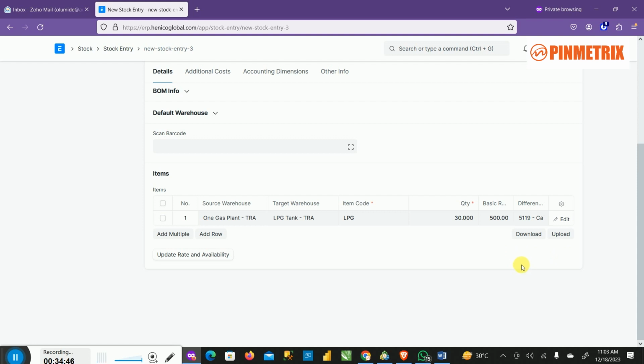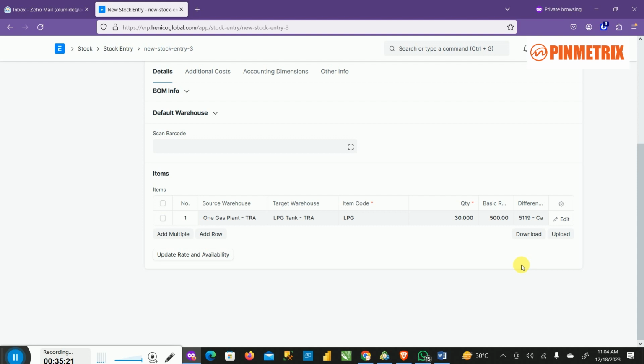Now, please take note. This is a transfer from one gas to your selling point or your warehouse where you make your sales. It is actually different from when you receive stock. When you receive stock, it's requesting that you pick a difference account, and that should be the account we created and explained earlier.